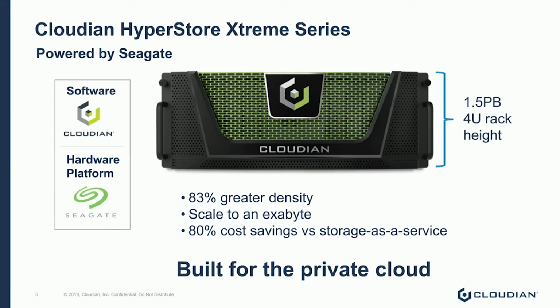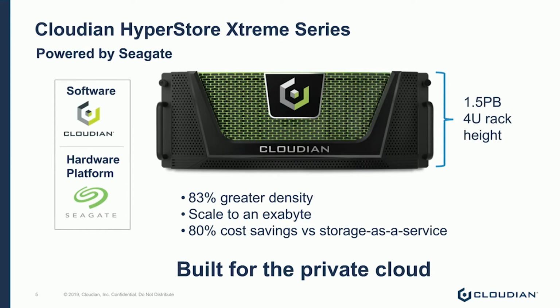But the end result is substantially greater density, scalability to an exabyte or beyond, and finally, 80% cost savings versus storage as a service. So it's truly built for the private cloud and designed in a way that makes it very easy to realize all those benefits we just talked about.